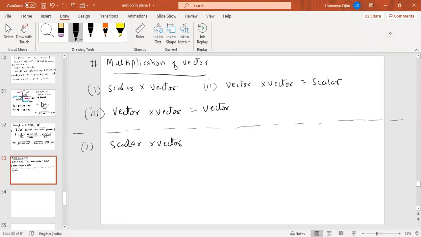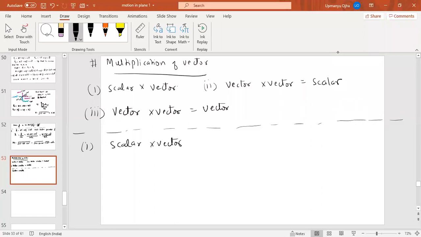Scalar with scalar means like 2 into 3 is 6; it is normal multiplication. So first is scalar into vector.